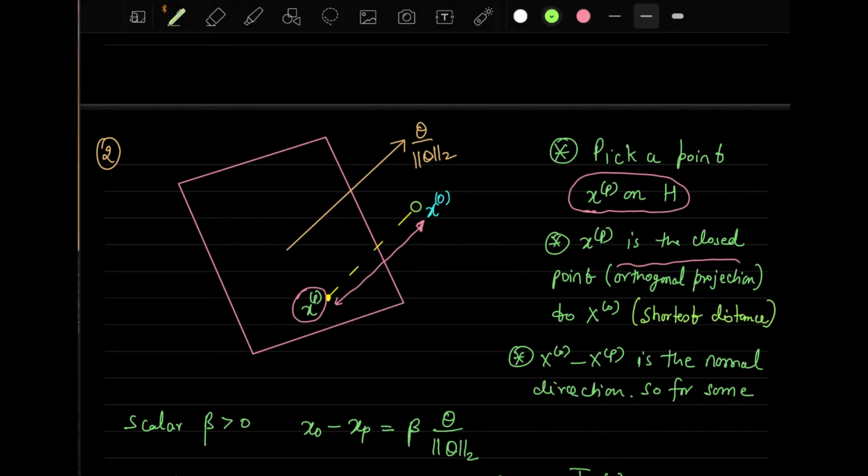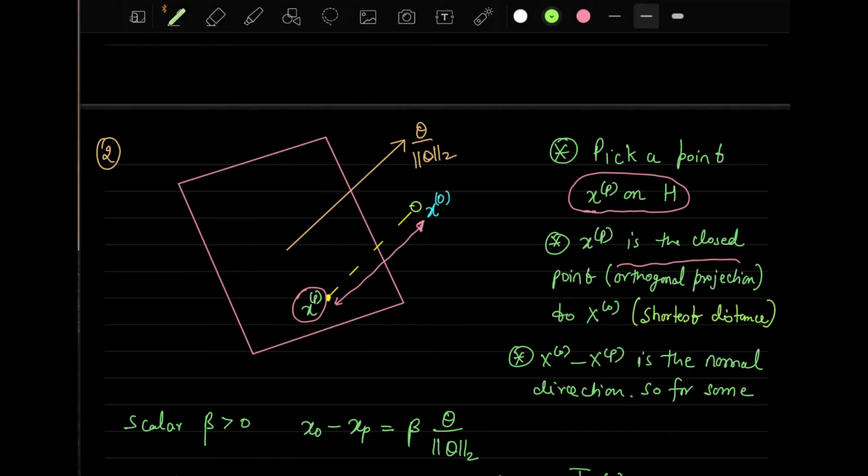Because if you try something else like this, all these projections onto the plane will be of larger magnitude. We want the distance to be the shortest one, so we want to calculate the shortest distance. That's why the shortest distance will be the orthogonal distance of the point from the plane.